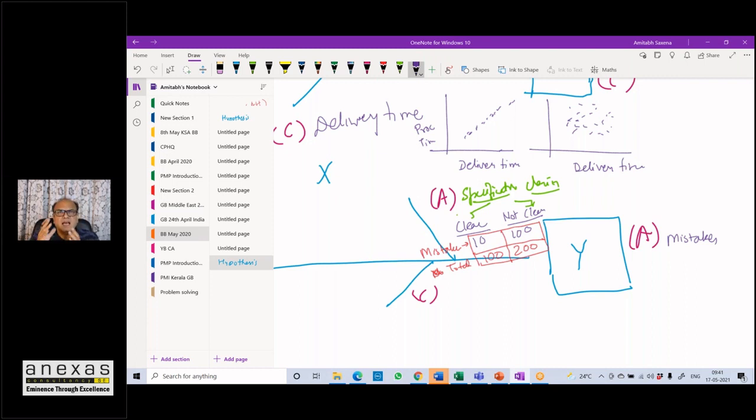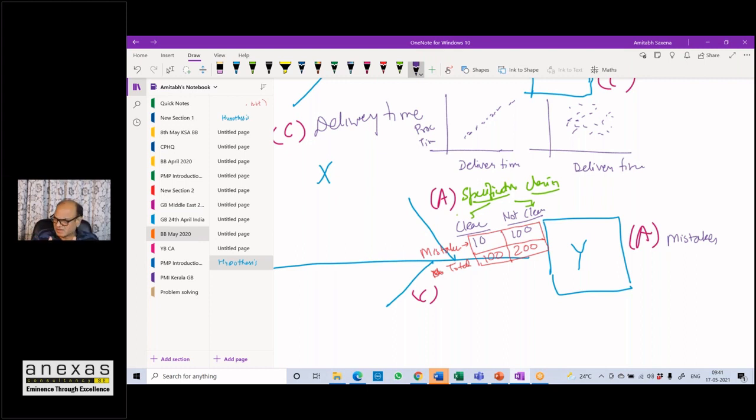Now let us look at the other one. Mistakes. Is it dependent on, let us say, time taken to check the request, time spent on checking or studying the purchase request? Is it dependent on that? So I would say mistakes committed are dependent on time taken, study time.